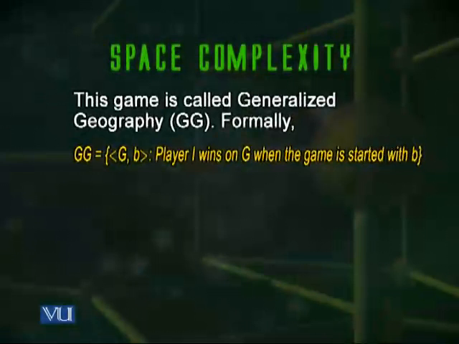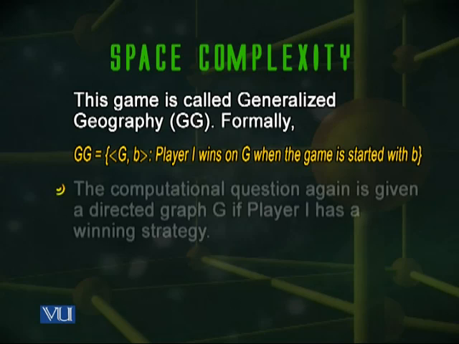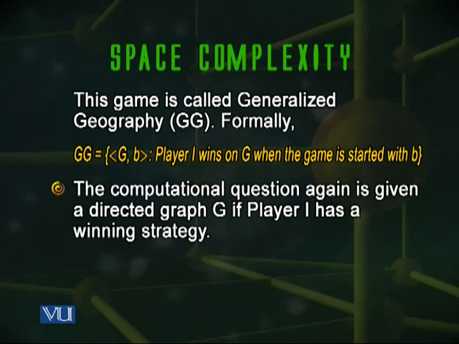Now let's formally define the language GG, which we'll call GG or generalized geography, and see what it is. The game GG is the set of all encodings of the pair G, B, where player 1 will win on G when the game is started with B. So the computational question again is, given a directed graph G and a designated node, who will win this game?